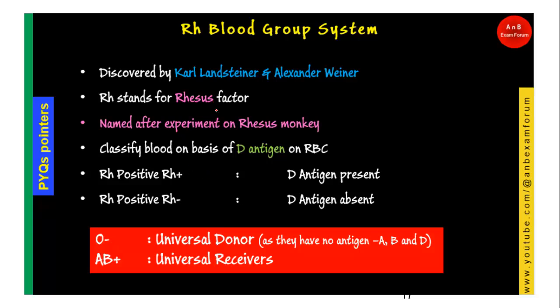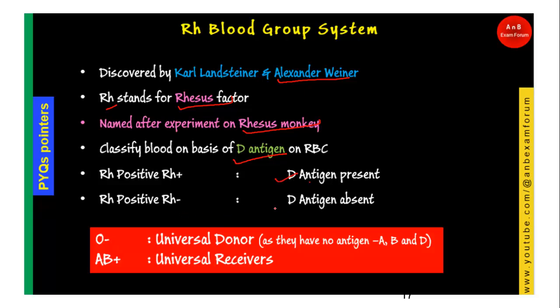This Rh blood grouping system was found by Alexander Wiener along with Carl Landsteiner. Rh stands for rhesus factor, and it was named after the experiment on the rhesus monkey. They classify based on the D antigen present on the RBC. If Rh positive, the D antigen is present.